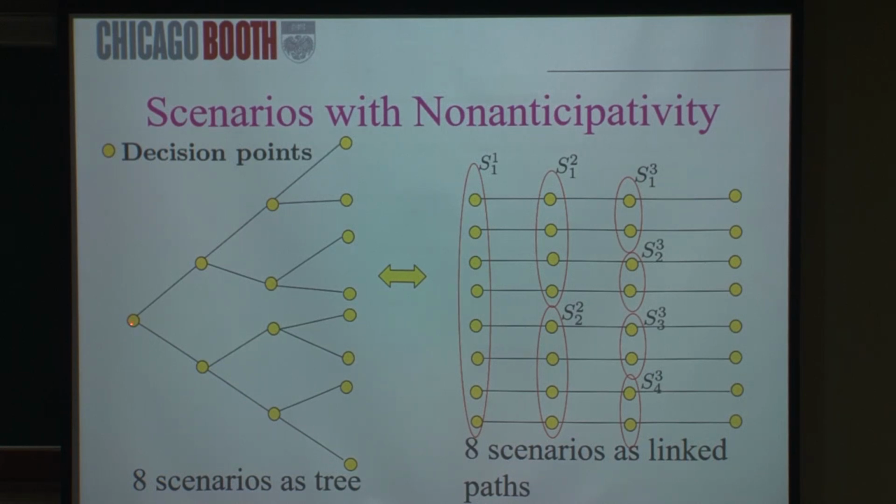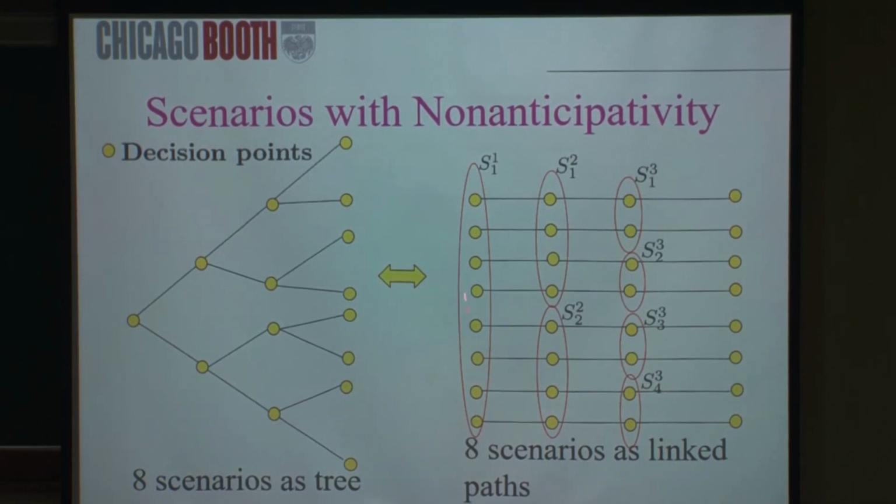So these would be like, how much do I invest in stock versus bonds at this point? How much do I invest here? And then I had separate decisions along the tree. What I've done is I've taken each of these paths, so there are 8 different paths that are possible, and written each of them separately.